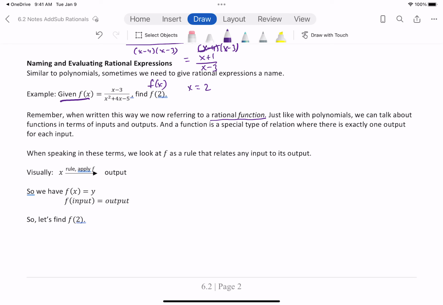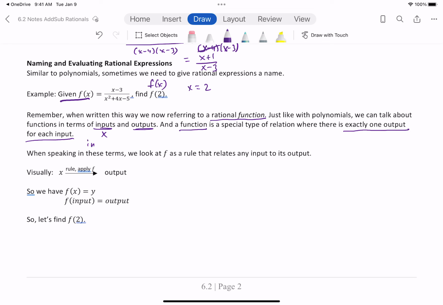So what's different about that is in a function, there is exactly one output for each input. We can also talk about things in terms of inputs and outputs, where your input is always going to be your x.